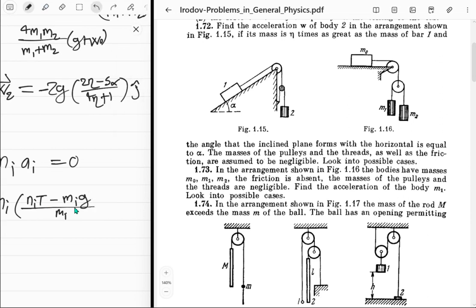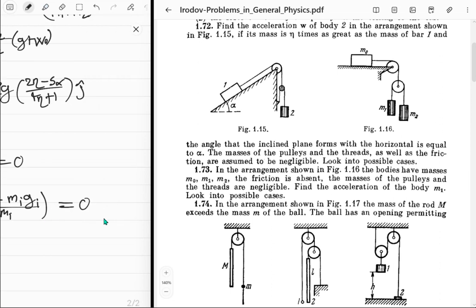So yes, minus mi times g, upon mi. Oh, I should say g effective. So I just call this thing gi. I know, looks weird. How can g be different? It's the retarding force. It's not the gravitational acceleration, all right? But most of the times it is gravitational acceleration that is retarding it, and that's why I'll just put gi. You could also put ai, or something else. Whatever. That should be equal to 0.